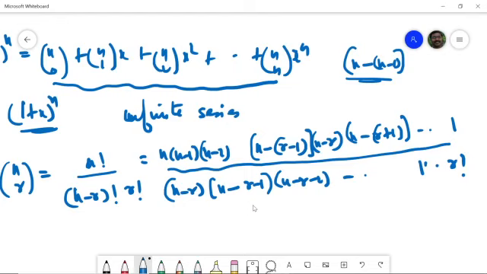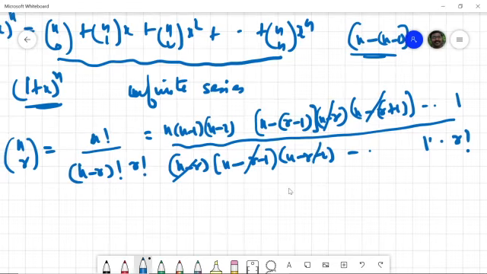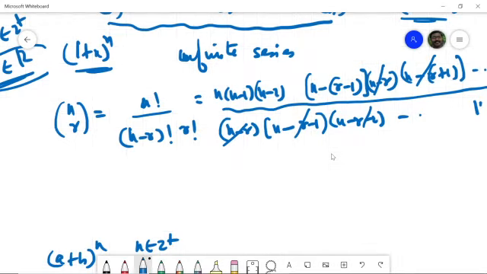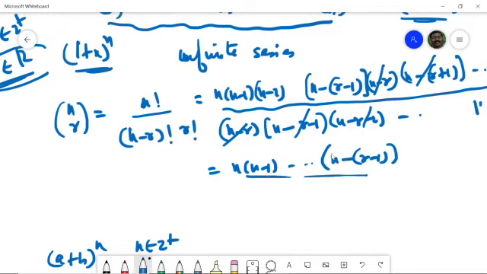You can cancel the n minus r, n minus r minus 1, and so on. These terms get cancelled out. So ultimately the value of nCr is n into (n minus 1) into etc. up till n minus r plus 1, divided by r factorial.